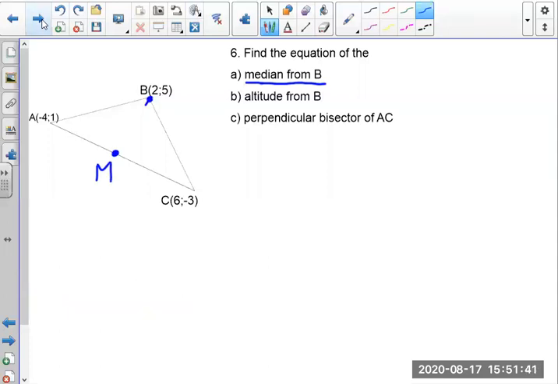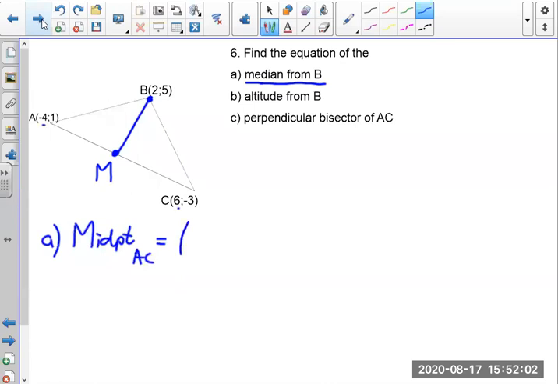So that means I must first find the midpoint. So for A, I must find the midpoint of AC. Can you remember the formula for midpoint?